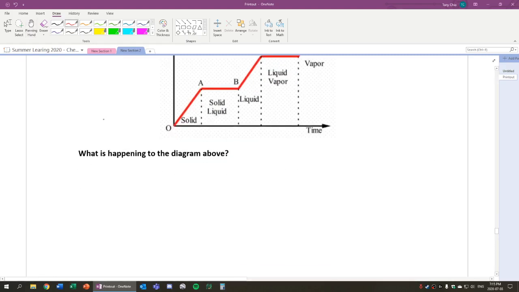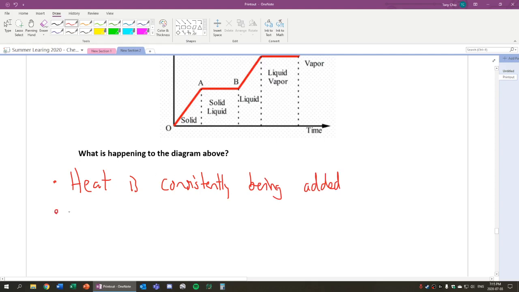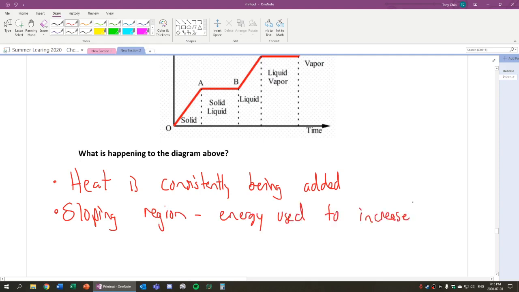So what is going on with this diagram? Well, first of all, it's not that we're taking away heat. Heat is consistently being added. So that's not what's going on. But here's what's going on. On the sloping region, okay, energy is used to increase the kinetic energy of the molecules.